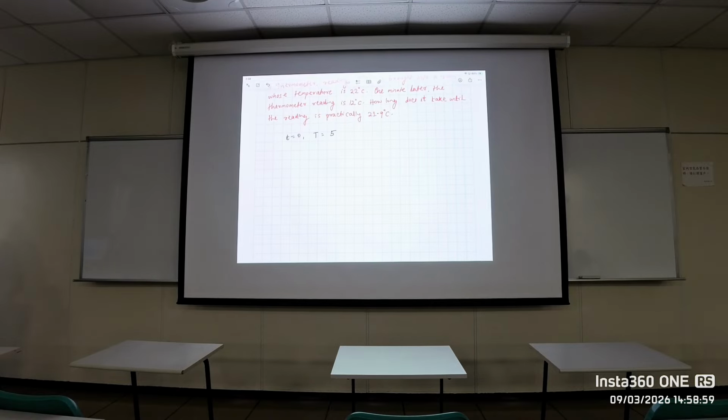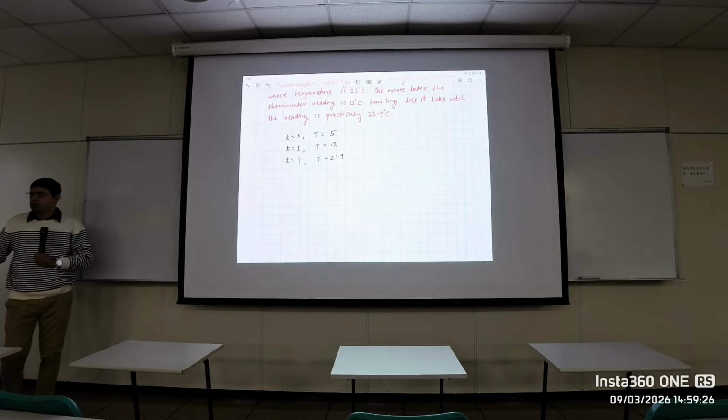At time t is equal to 1, the temperature become 12. And the next one is what should be the time we should calculate. The temperature will become 21.9. So this is what we need to calculate.